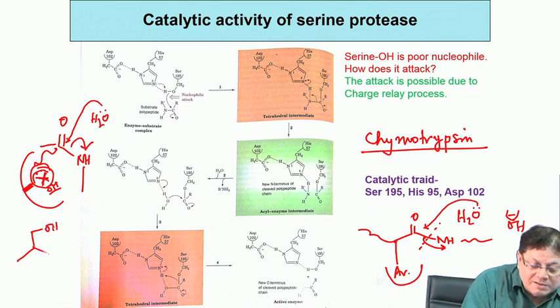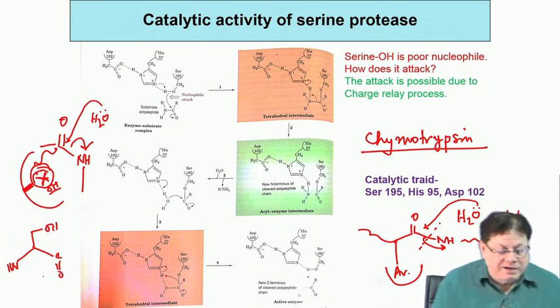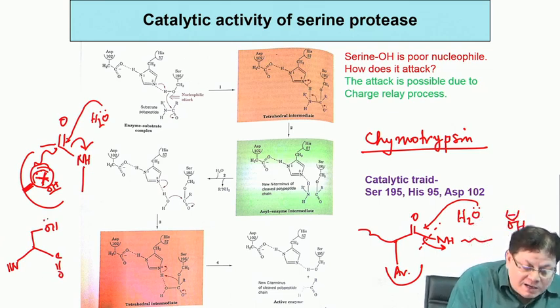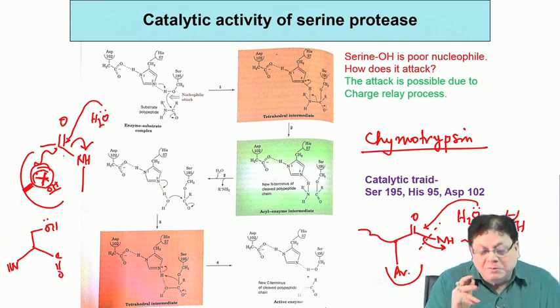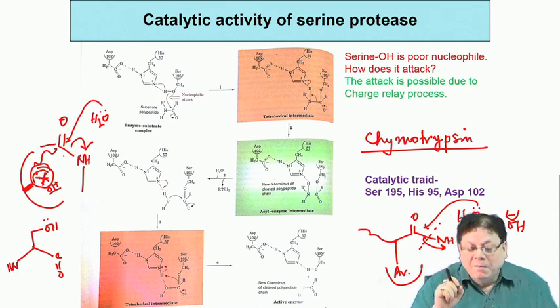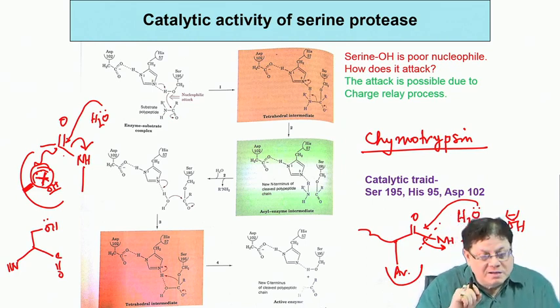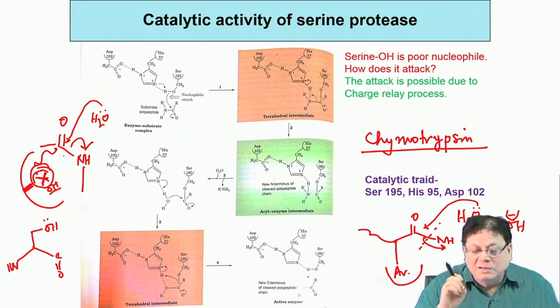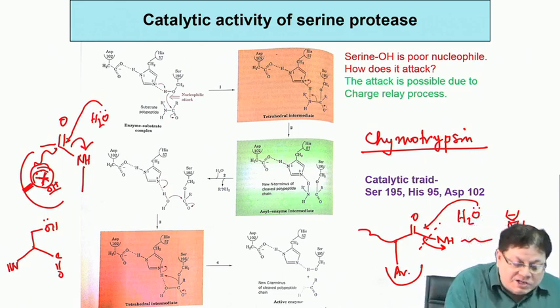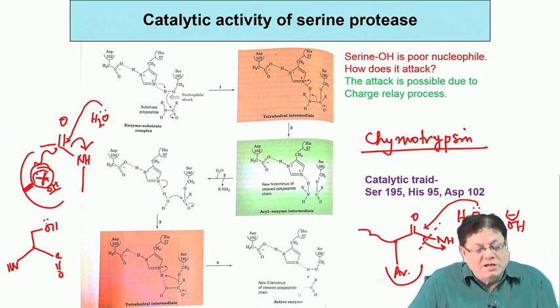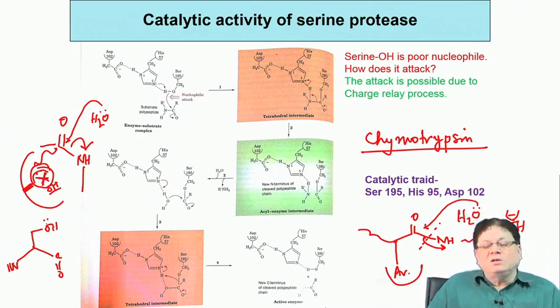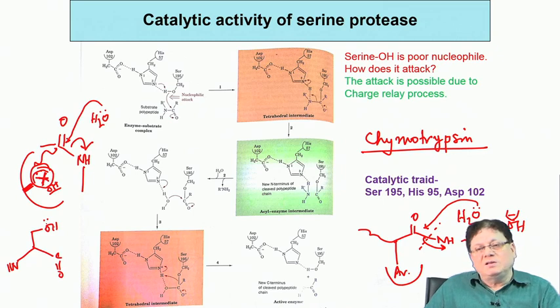OH, like this, okay, NH and CO. This is what is serine. So, serine OH is the nucleophile by which the peptide bond is hydrolyzed, and those classes of enzymes are called serine proteases. Similarly, we have SH here, instead of OH you can have SH, and those are called cysteine proteases, because SH comes only from cysteine.